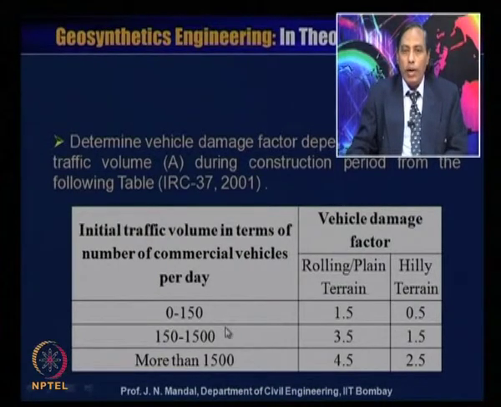If it is 0 to 150, then for rolling or plain terrain the vehicle damage factor is 1.5, and for hilly terrain it is 0.5. If it is 150 to 1500, then the vehicle damage factor is 3.5, and for hilly terrain 1.5. Similarly, if it is more than 1500, then the vehicle damage factor is 4.5 and for hilly terrain 2.5.